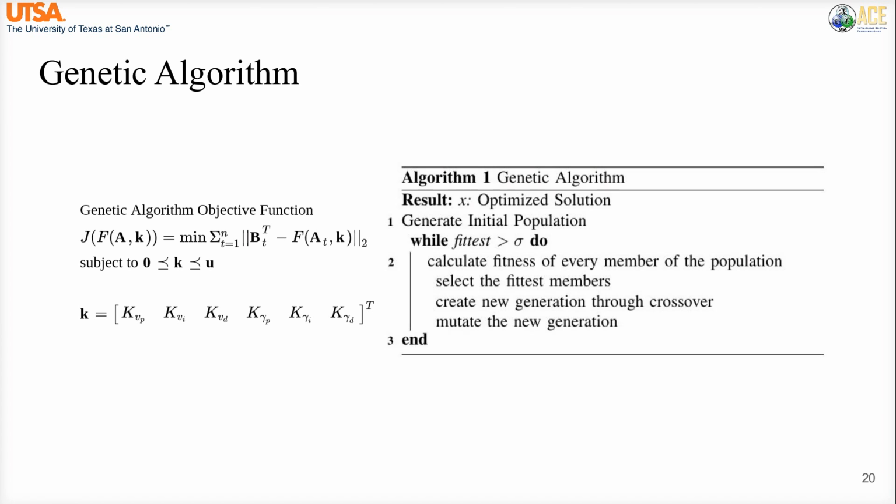And then, by chance, you will also mutate your new generation to create new solutions and manipulate your search space. This is done typically until you hit some convergence criteria, but this is done for an entire evolution.